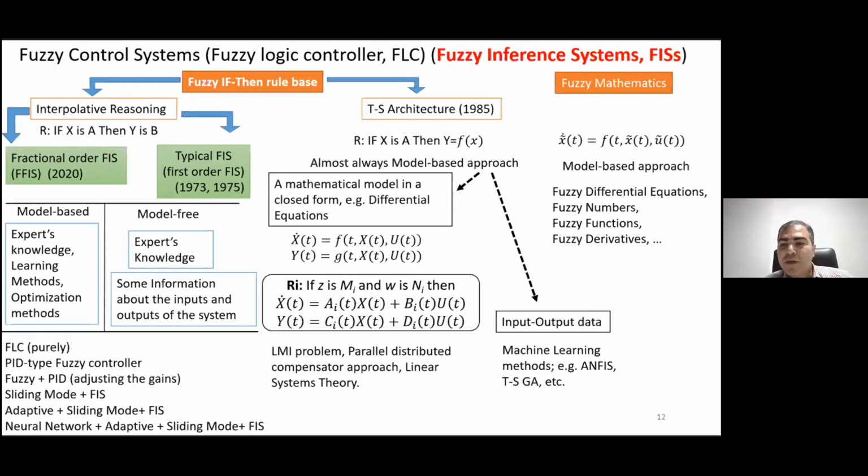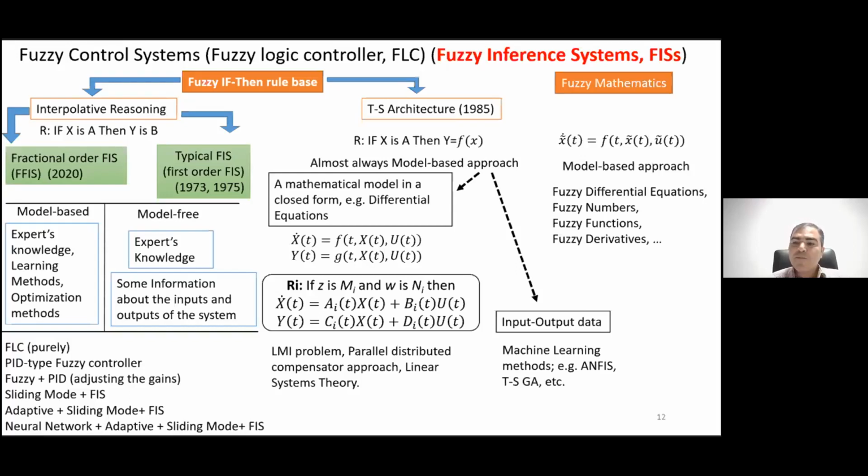For example, the combination of the sliding mode controller with the mentioned FISs makes a controller called the fuzzy sliding mode controller, and so forth. So as you see, the area of fuzzy controllers is very wide, with a high variety. Thus, here we shall focus on one of the general ways for the design of a fuzzy controller.